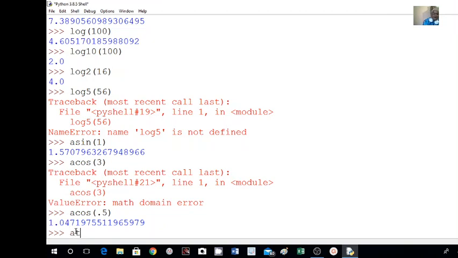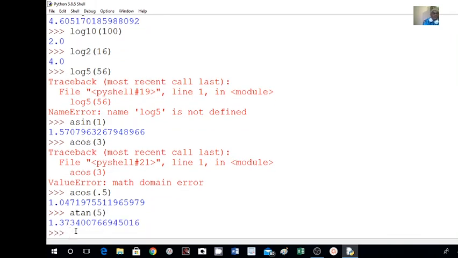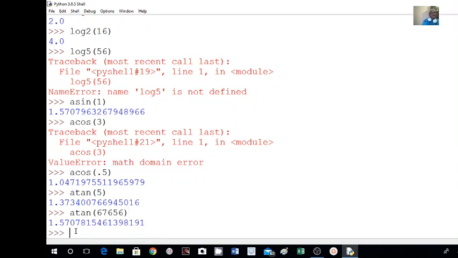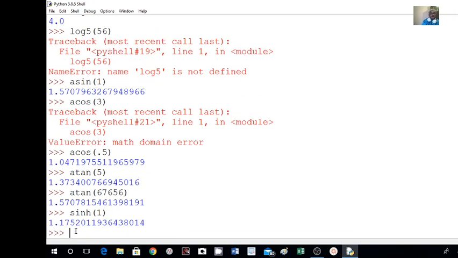If I give tan of say 5, atan of 5, I am getting the answer here. For atan of some number, I also get an answer, because tan goes up to infinity, and the domain is from minus infinity to plus infinity. Similarly, we can go for hyperbolic functions also. Sinh of say 1, I am getting some value here.